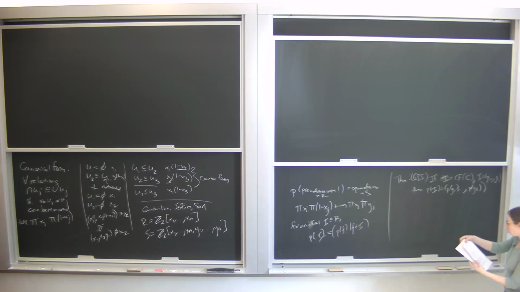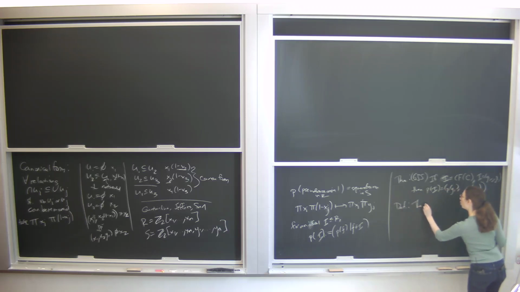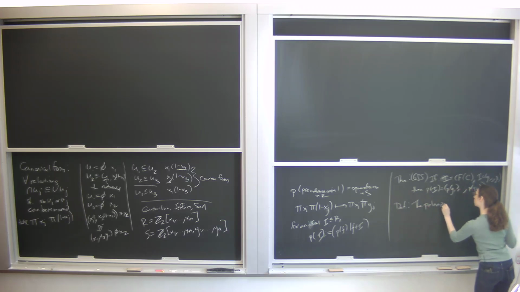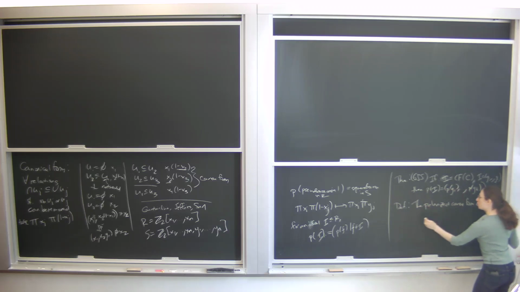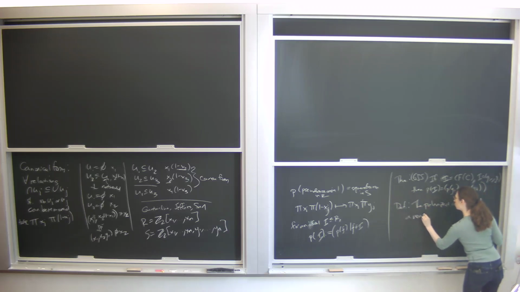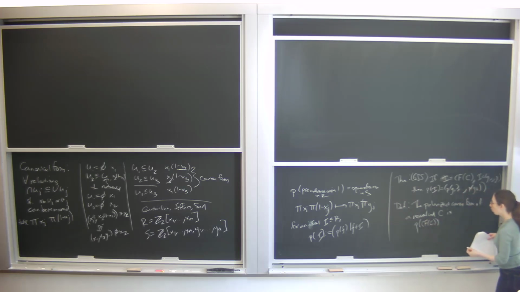And why that's valuable is that we can now make the following definition, which is the polarized canonical form of a neural code C is going to be like P of CF of C, but I'm just defining it this way using this theorem.